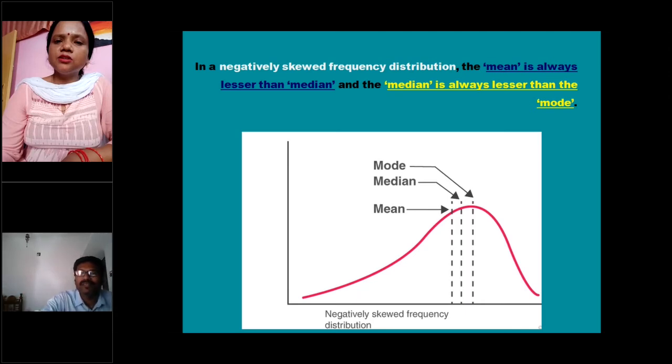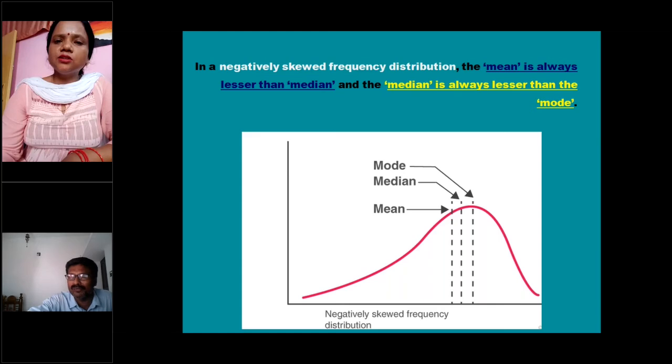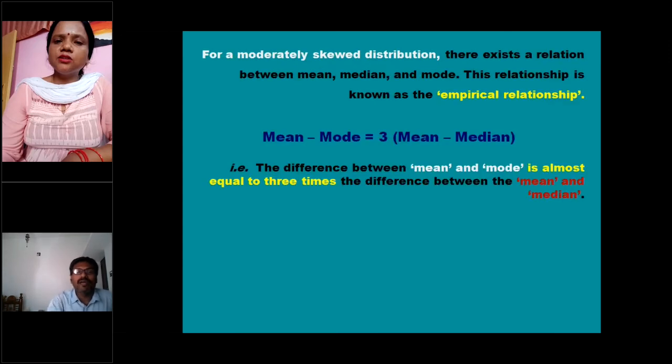That means if the graph is positively or negatively skewed, then there may be some problems in the data collection. And if we have a moderately skewed distribution, there exists a relationship between mean, median, and mode, which is known as the empirical relationship.